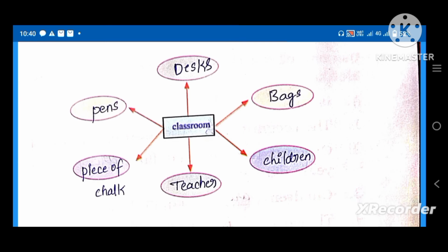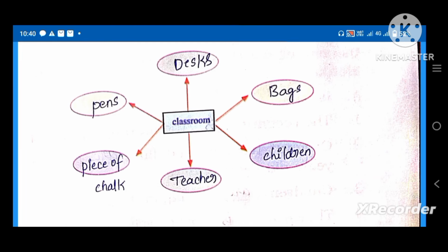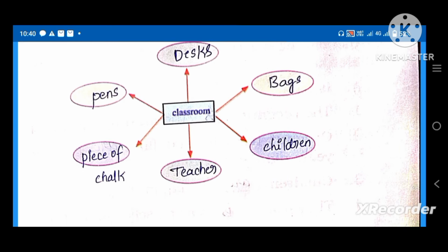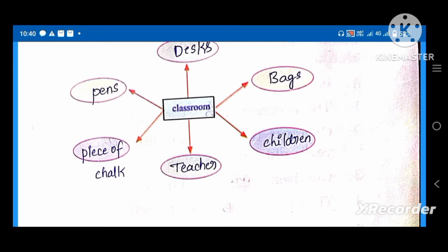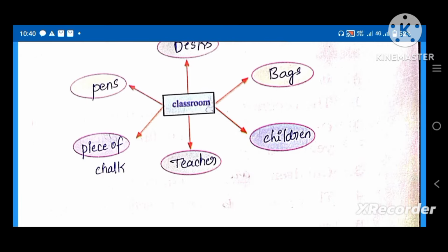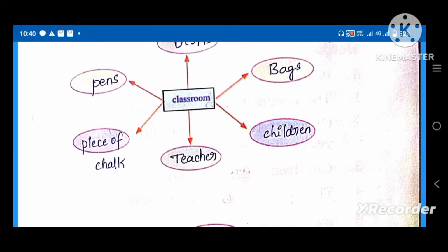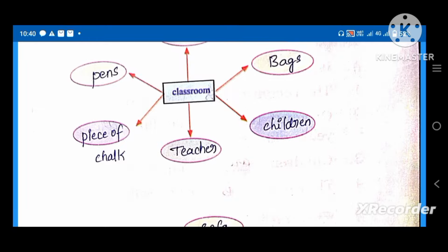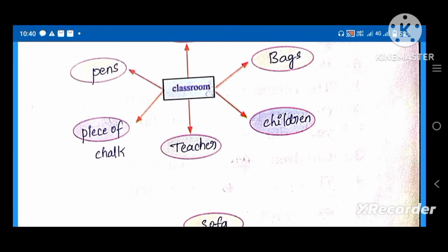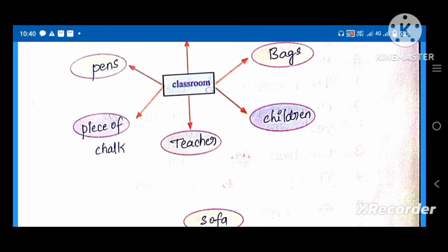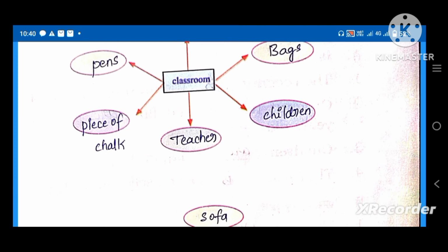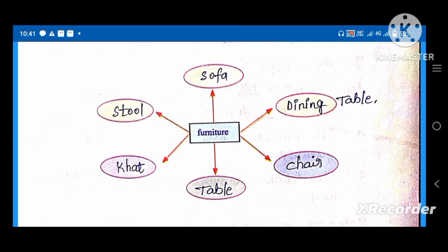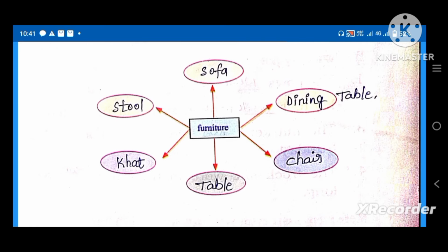Classroom: desks, bags, children, teacher, piece of chalk, pens. Furniture: sofa, dining table, chair, table, cot, stool.